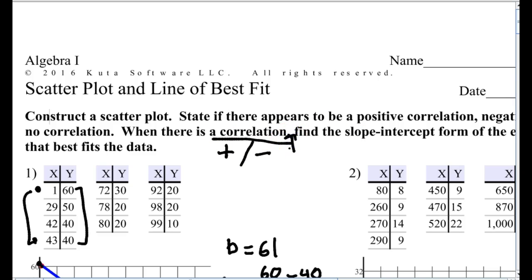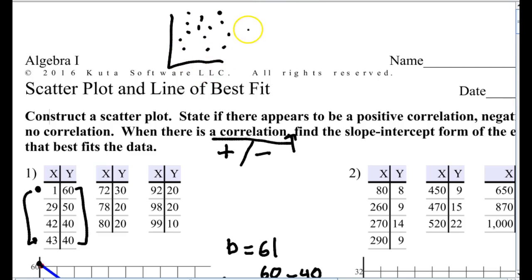But very similar to the quadratics, if there's no solution, you just stop the problem. You can't really do anything else. If you know there's no solution, you don't need to move on. So same thing here. If you do a scatter plot and you see that the points are just everywhere, there's no correlation.